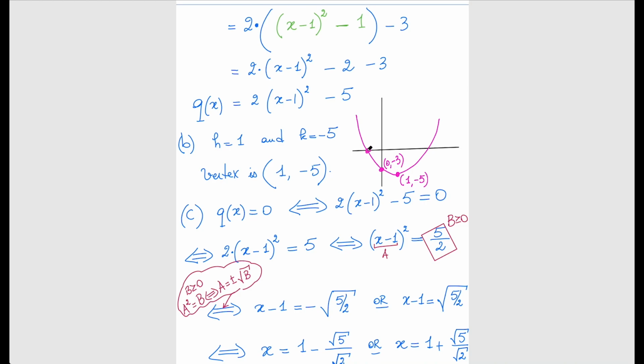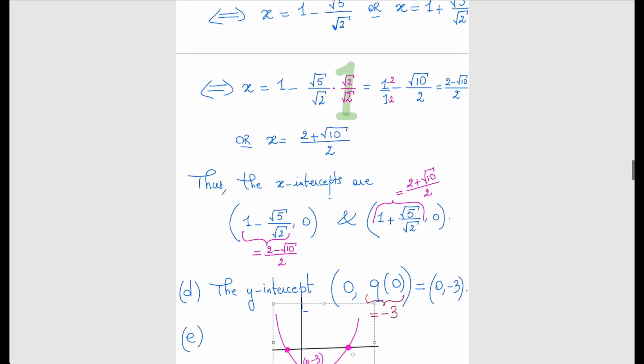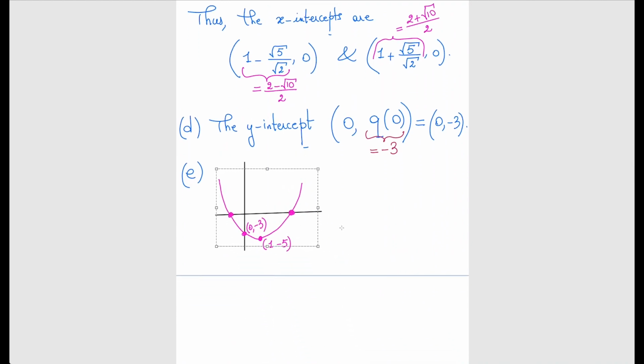And those guys are the x-intercepts, right? Which we found in one of the parts of this problem. Let's take this figure and plot it here. So let's be clear about the x-intercepts. One of them is this, the other is that, right? Certainly this guy is the smaller one. It's 1 minus.